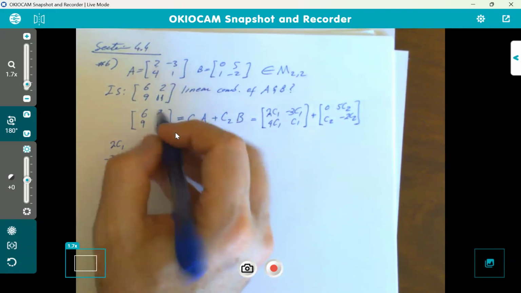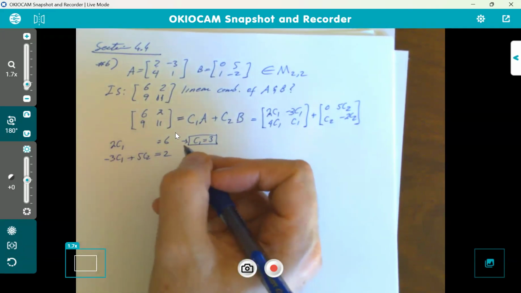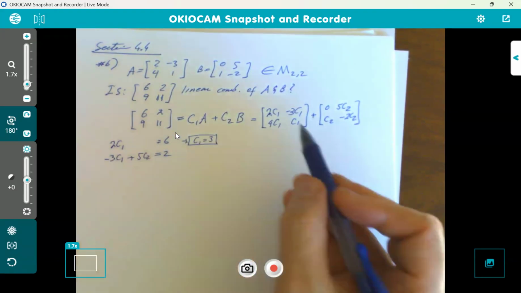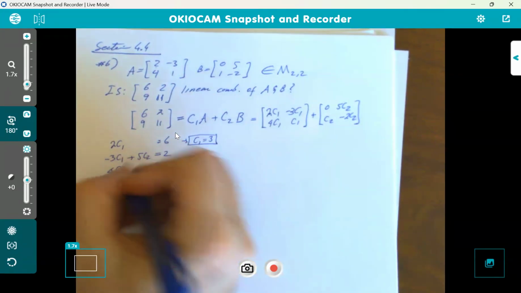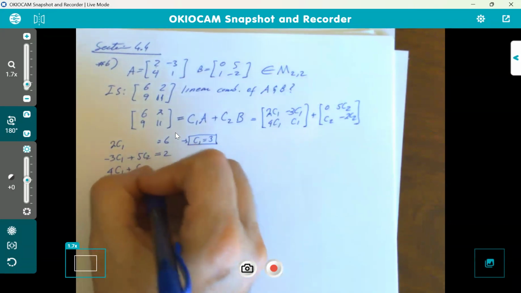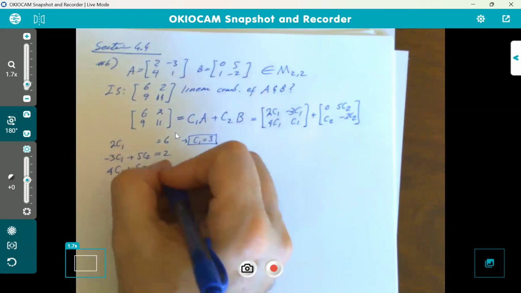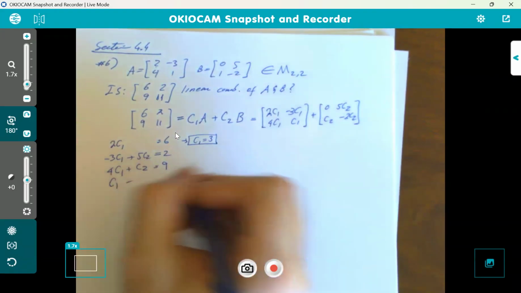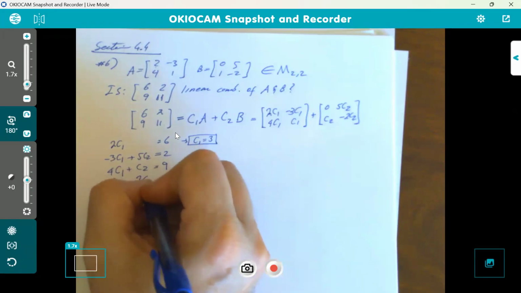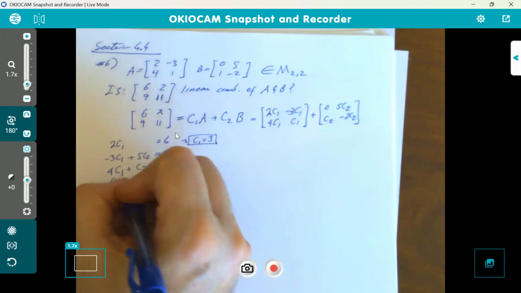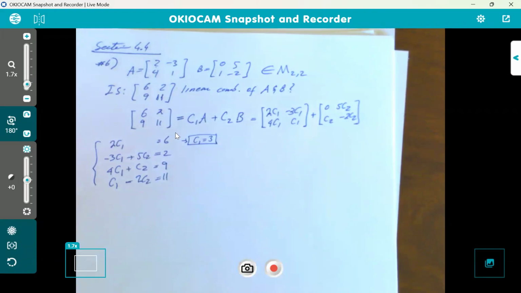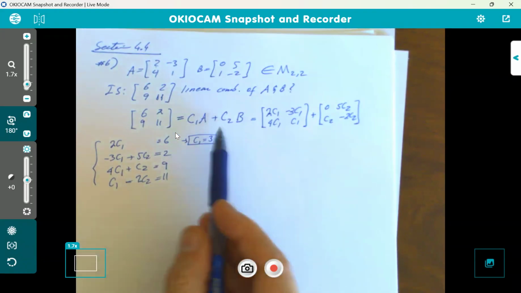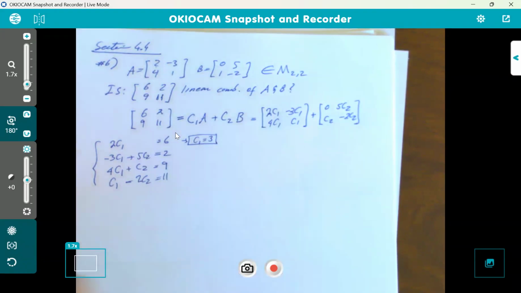That should equal 2. And the next one is 4C1 plus C2 is equal to 9. And the last one is C1 minus 2C2 is equal to 11. So here's my system. Hopefully everyone follows now how I'm getting these numbers.